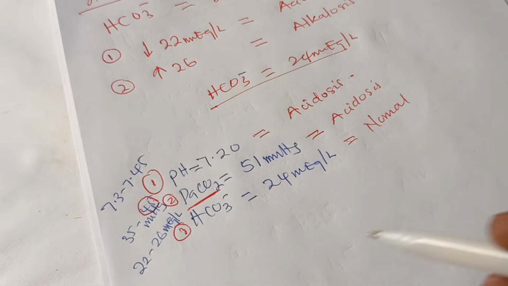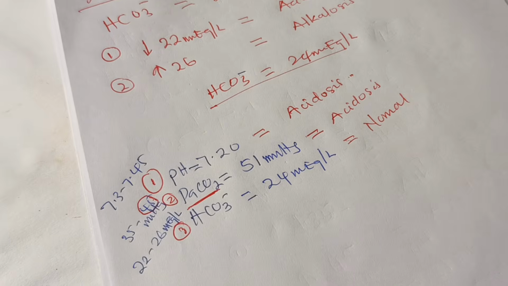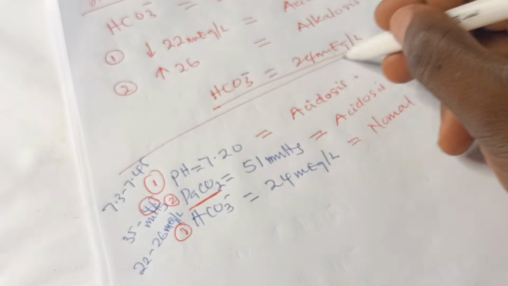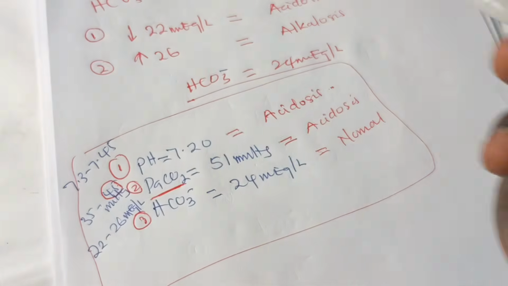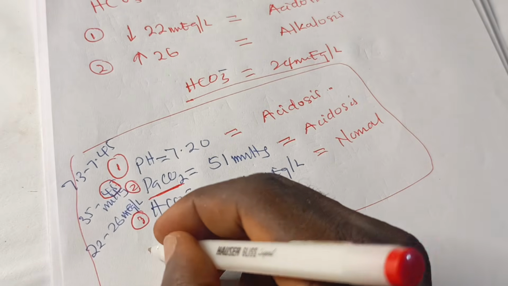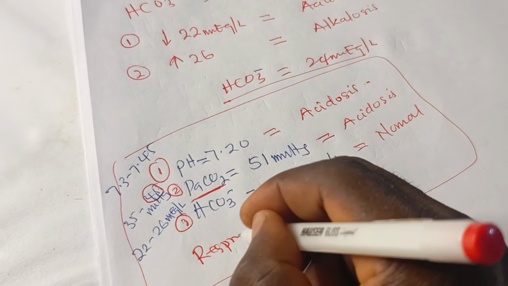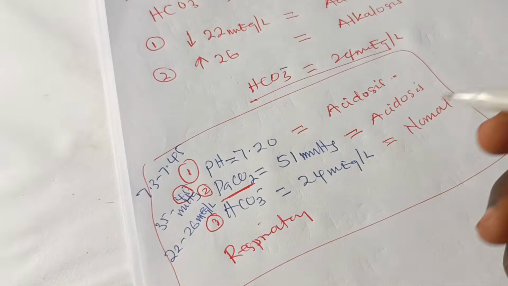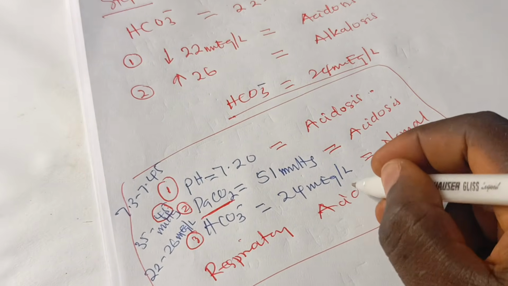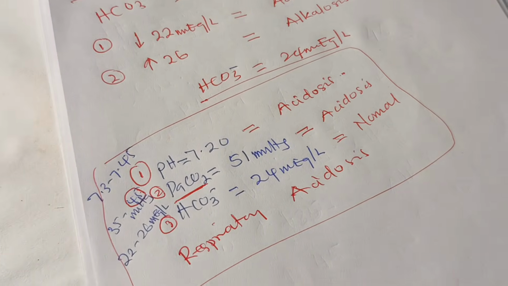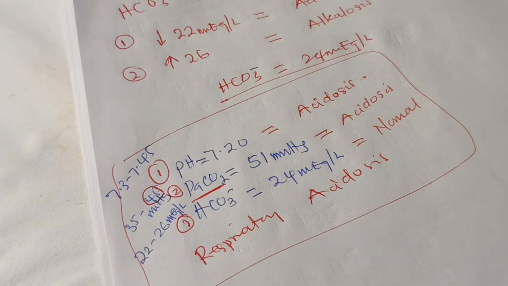And we say carbon dioxide is from the respiratory origin. Hence, the interpretation is that the patient is having respiratory what? Acidosis. I hope you've gotten it.